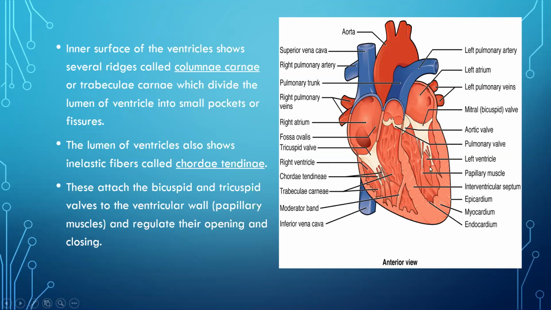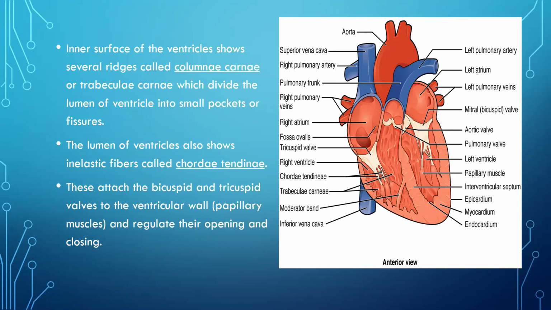Now when the ventricles contract, or when the ventricles pump blood, the pressure of the blood in the ventricles is much more, whereas the pressure in the auricles is less. So there are chances that the valves may open in the opposite direction. So the chordae tendineae and trabeculae hold the bicuspid and tricuspid valves. They give tension to the valves and keep holding them. So what will happen?